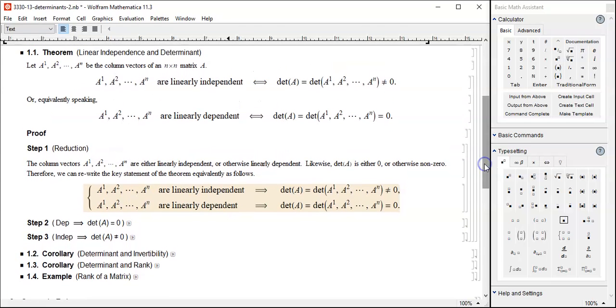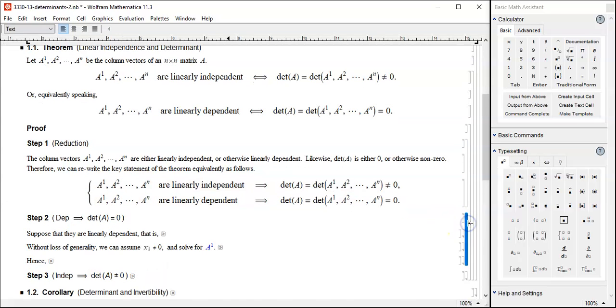Okay, all right. Now let's go to the second implication. That's a bit easier. A1 through An are linearly dependent. Then we have to prove the determinant is equal to 0. How do we do that?